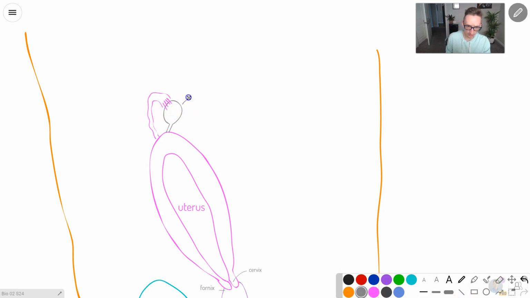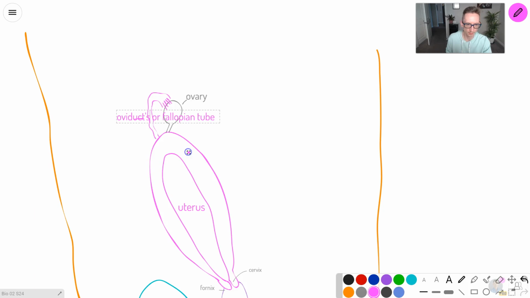attached to it. So this is your ovary, and this is where the eggs are made, ovary. And this is your oviduct or fallopian tube. I think it's with a PH, actually. No, it's an A. Fallopian tube. Oviduct.